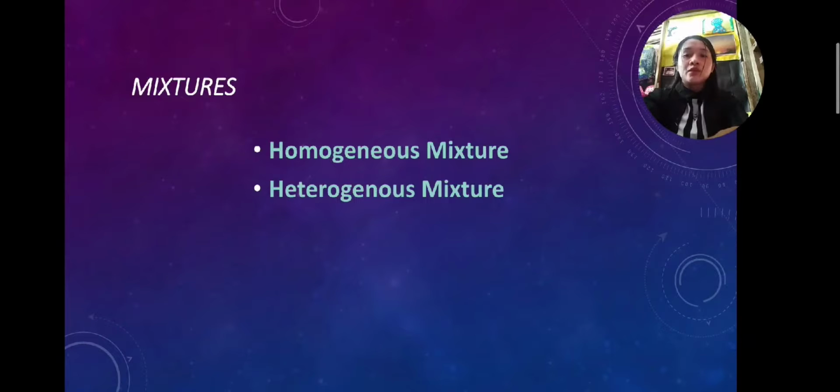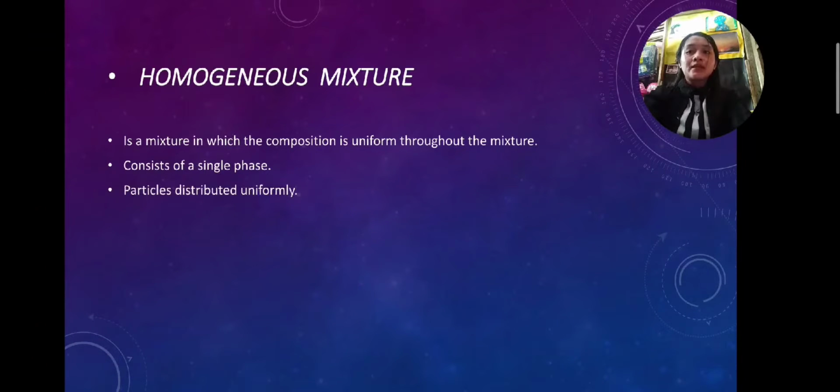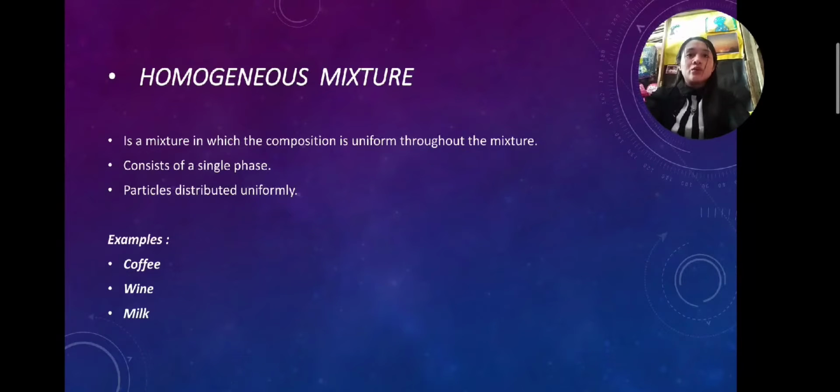In mixtures, we have homogeneous mixtures and heterogeneous mixtures. A homogeneous mixture is a mixture in which the composition is uniform throughout, consisting of a single phase, with particles distributed uniformly. Examples are coffee, wine, and milk.